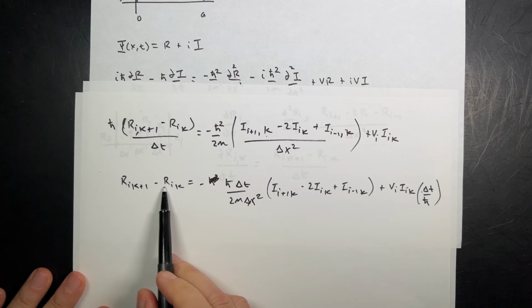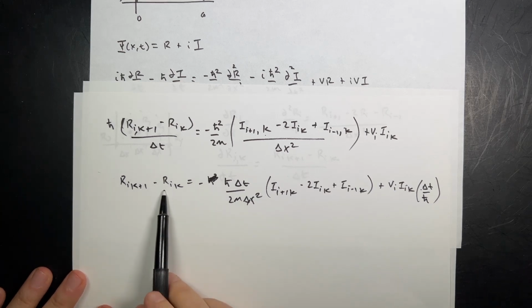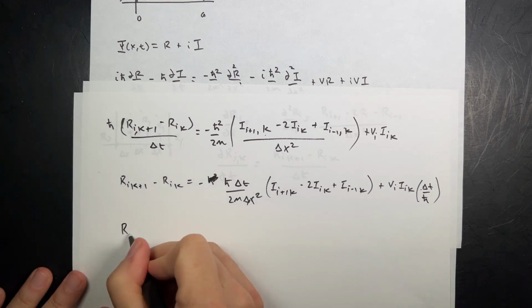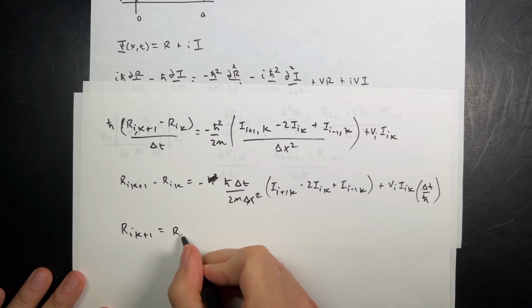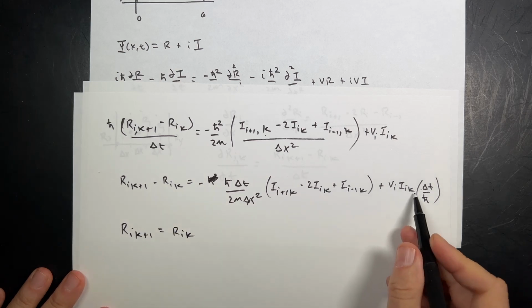And then I just need to add this term to both sides, right? So I guess I should write it out. r_i^(k+1) equals r_i^k. I'm going to move this term over to the front.